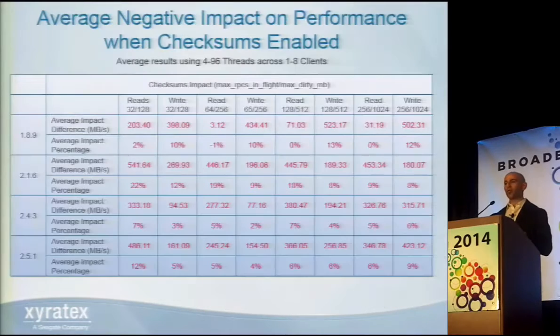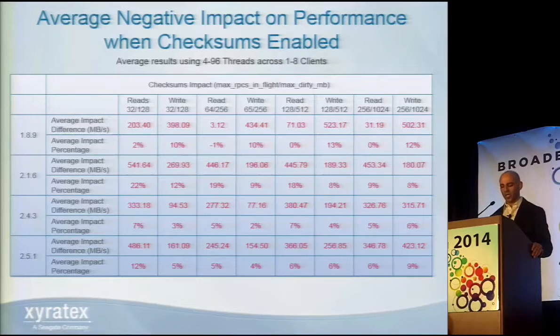Now, looking at the overall storage throughput, meaning that we standardized from 4 threads to 96 threads, and took an average of the data to look at the performance impact when checksums were enabled. You can see very different results when looking at throughput results versus single thread performance results. On the 189, the checksum impact is negligible, about 2% for reads or writes.